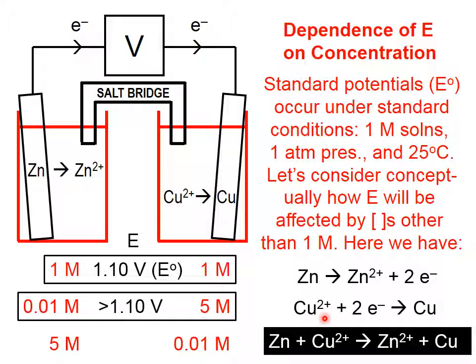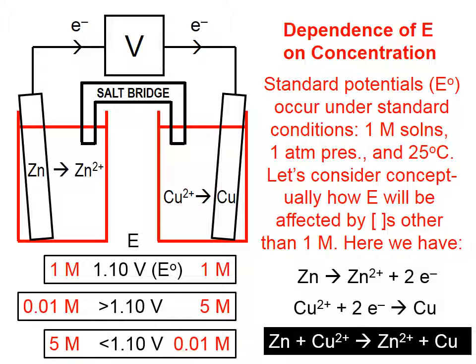Wouldn't that suggest that there isn't a great push to produce more zinc ion because you already have so much of it? In fact, the cell potential for that case is going to be less than 1.10 volts.